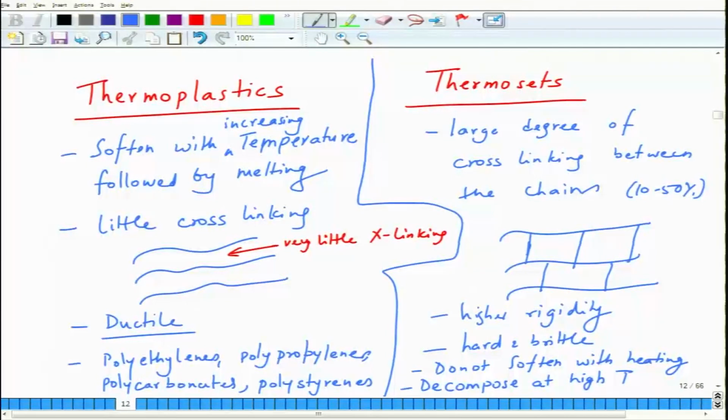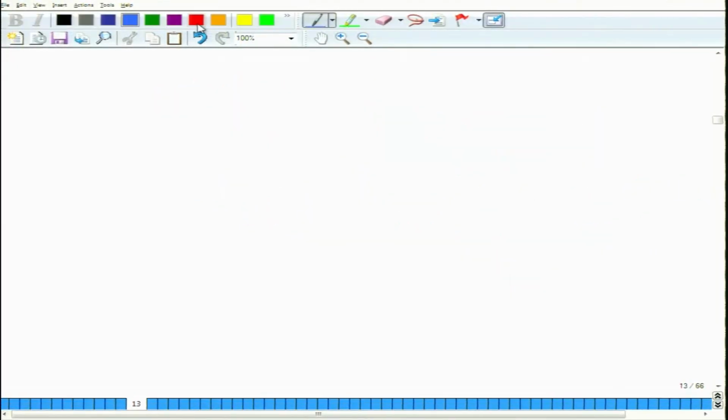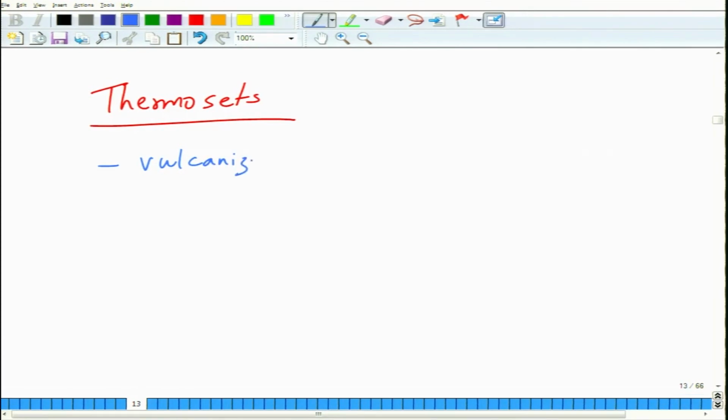Okay. So the examples of thermosets, let me give you some examples of thermosets. The examples are, for example, vulcanized rubber, many epoxies, and resins, for example, phenolic resin, polyester resins.